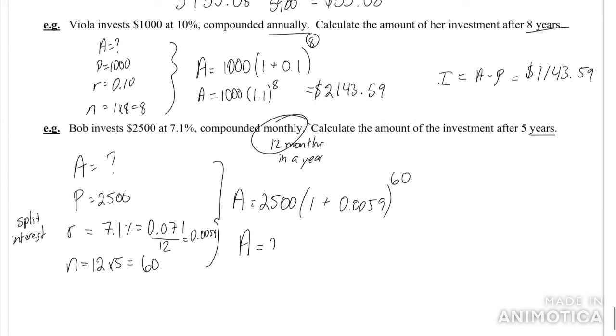So one of the things you can look out for is if the person's invested something for like 5 years and they've invested like $2,000 and suddenly they're getting like $3 million, there's something terribly wrong. You've probably made the mistake that I almost just did and not divided out. So 1.0059, this is very close to 1, so we're not going to get a huge number if we punch that into our calculator.